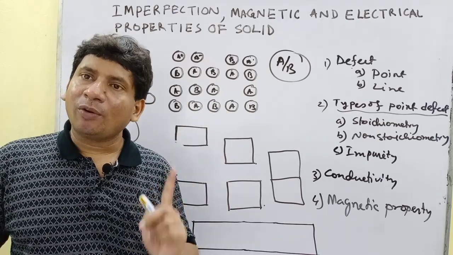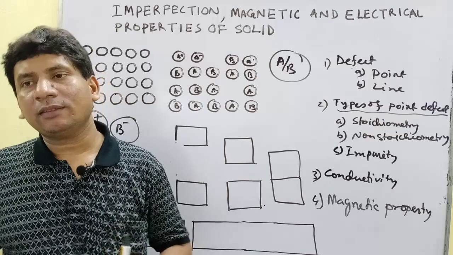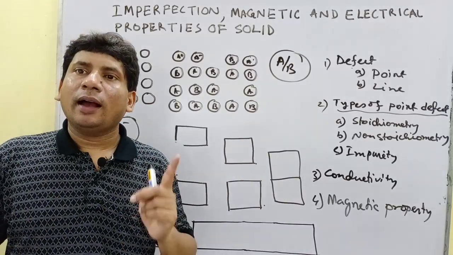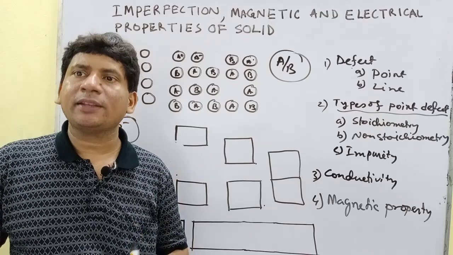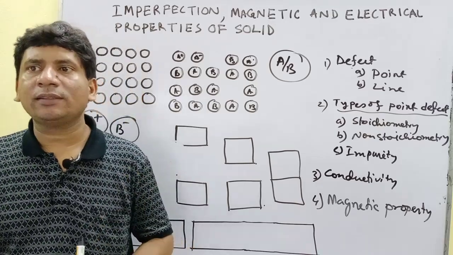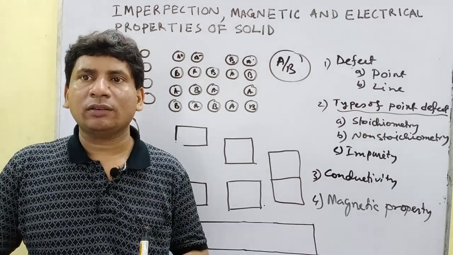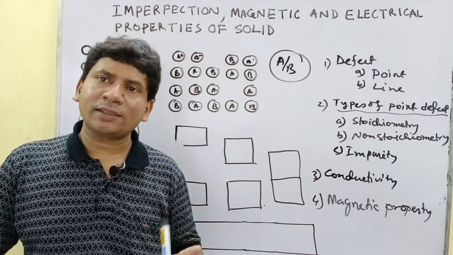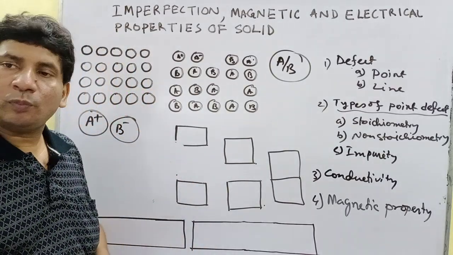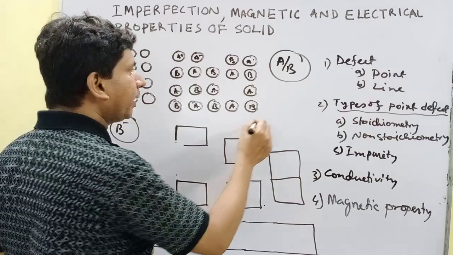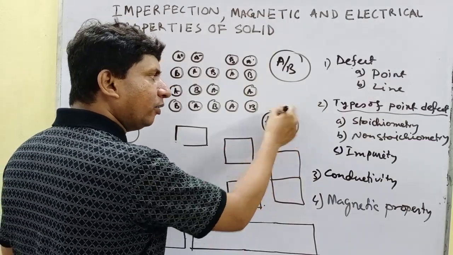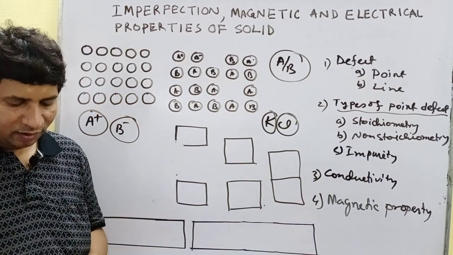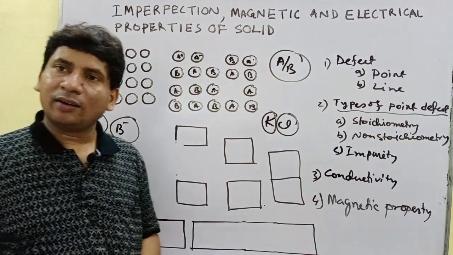So equal numbers of cations and anions are missing, and it decreases the density of the substance. It is shown by ionic substances in which the cation and anion are of almost similar size. For example, KCl, where the sizes of cation and anion are almost the same.